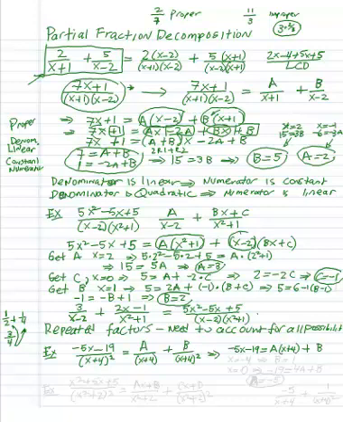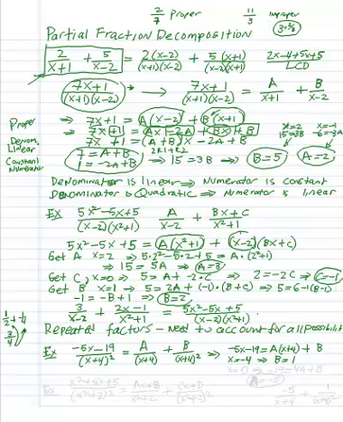And here I can get B by substituting x equal to negative 4. So if I plug in negative 4 for x, I get negative 5 times negative 4 is 20. 20 minus 19 is 1. That tells me that B had to be 1 when we plug in negative 4.